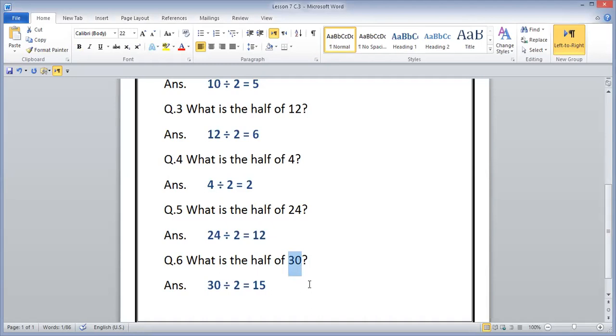But if I ask you what is the half of 30, you will divide that 30 by 2 and that will be 15. If I ask you what is the double of 24, that will be 48. 24 multiplied by 2 equals to 48. But if I ask you the half of 24, that will be 12 because 24 divided by 2 equals to 12. Or the double of 12 will be equals to 24 as well.